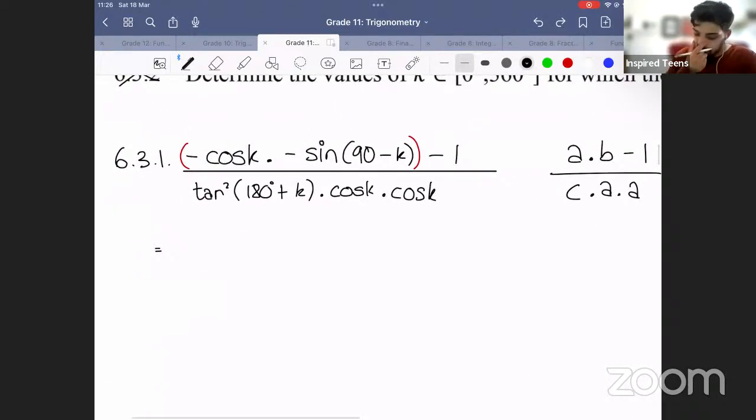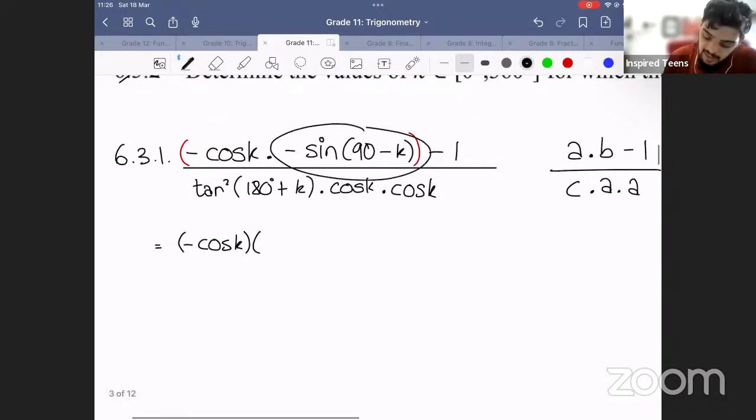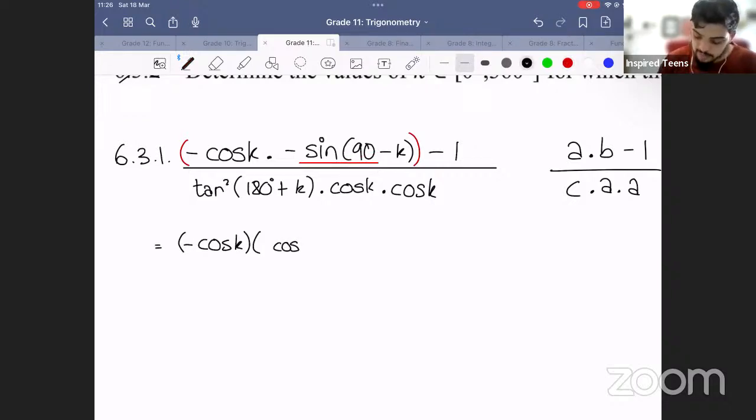So let's simplify it further. Now I can say negative cos k. I'm going to put them in brackets so they look nicer and neater. Now I have negative sine(90 minus k). Firstly, I notice that it's sine 90, so even if you want, you can immediately just write a cos, but I just prefer to determine the numerical sign first.